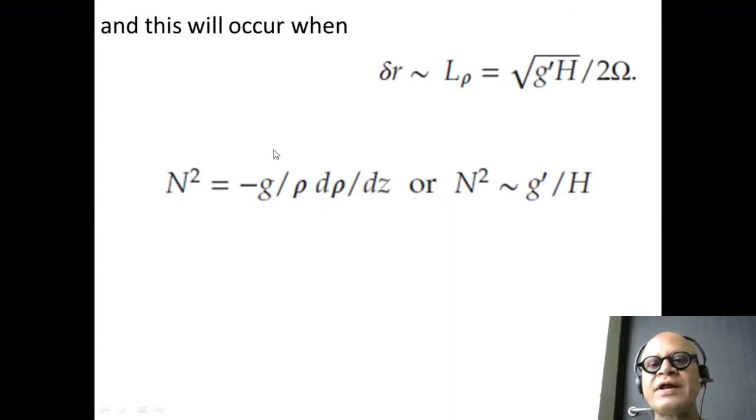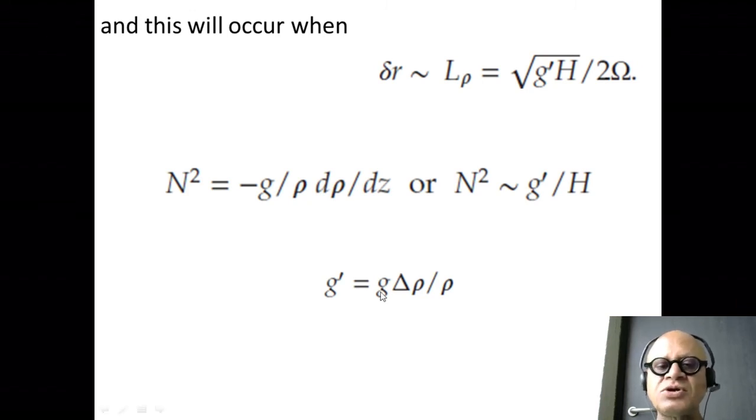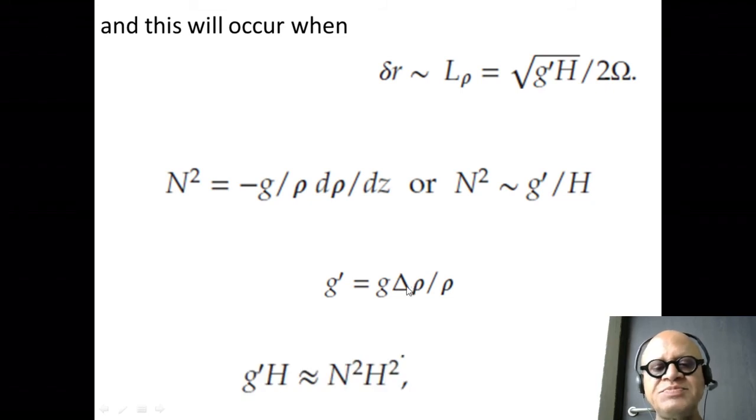So N squared is our buoyancy frequency, and this is a length scale. It's a Rossby radius of deformation, as it is referred to. Okay, so we'll see what that means. So here our g prime is g delta rho over rho, and g prime h, you can divide by h and multiply by h.